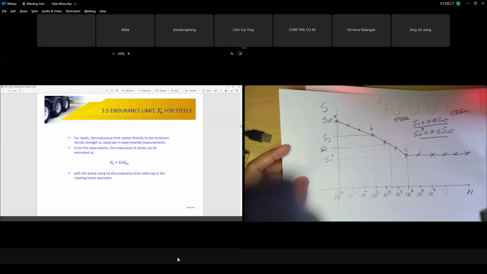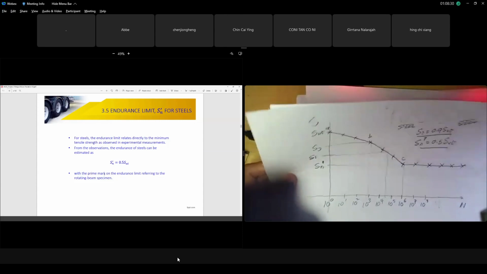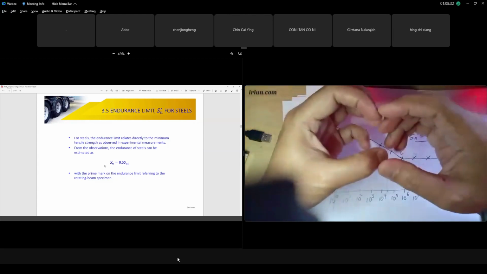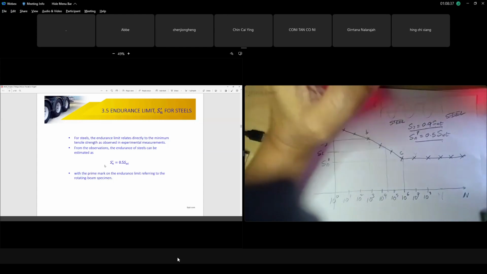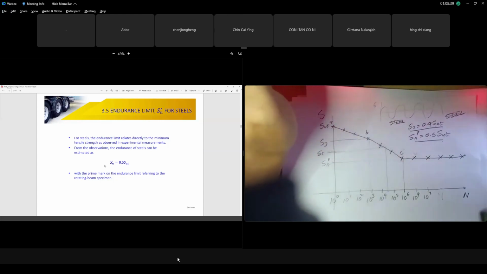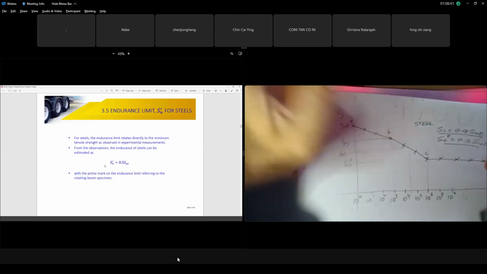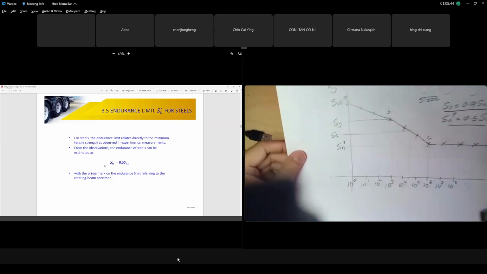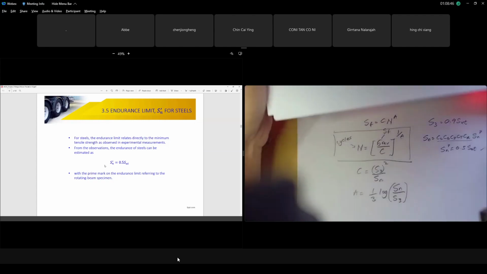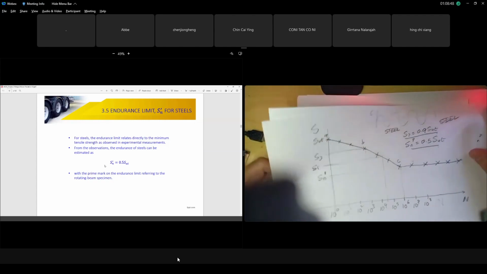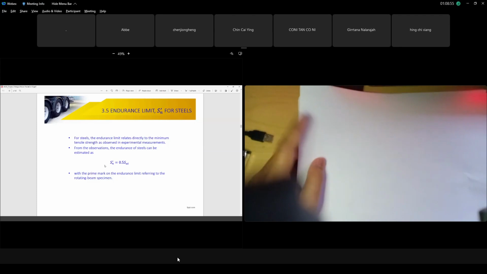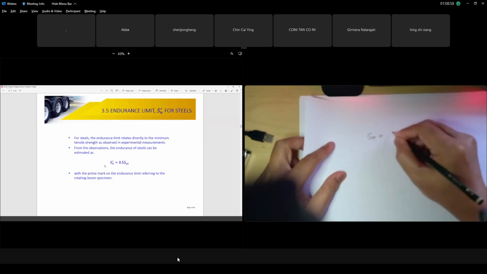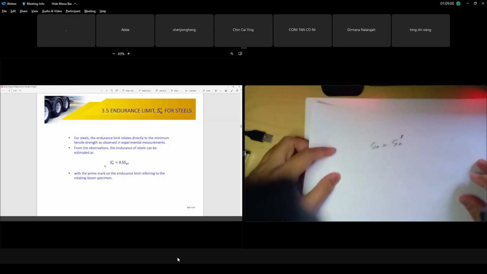Your case is different, your shaft is different, because the engineers' specimen had a different shaft diameter, though the same material. But in your case, the shaft at the critical point you analyze is different. That's why we cannot say our endurance limit is the same as the standard test. We cannot say that our SN equals SN prime. Understand, guys?